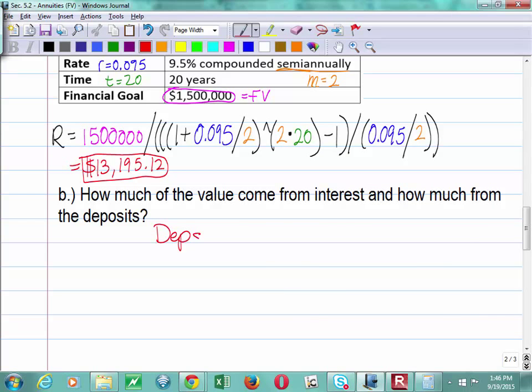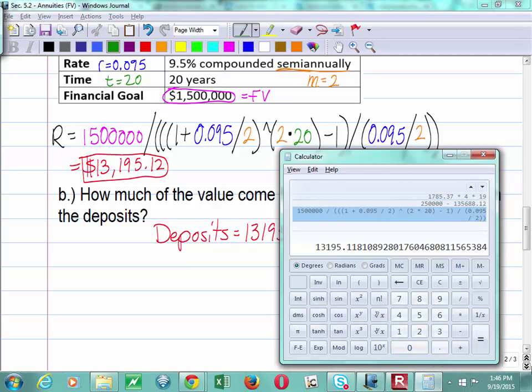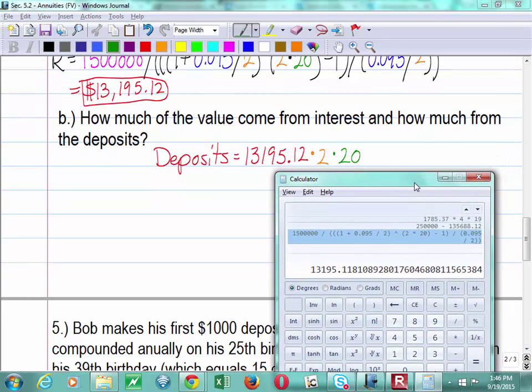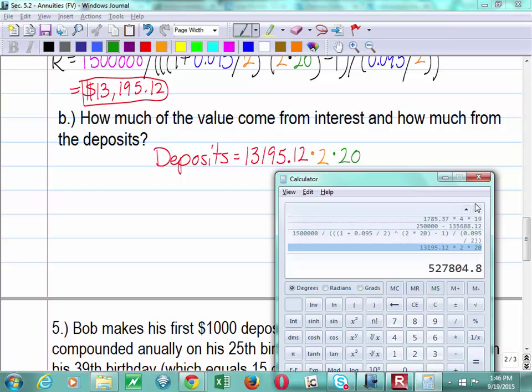So, deposits equals $13,195.12 times 2 times 20. So that gave me $527,804.80.